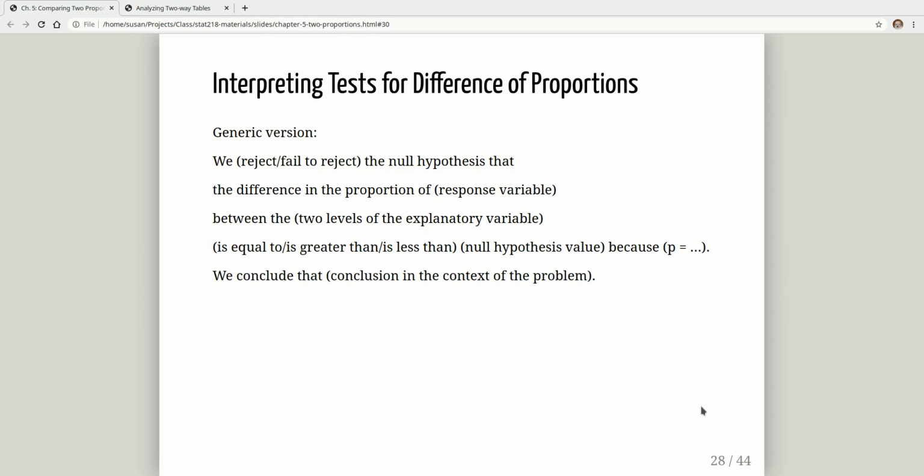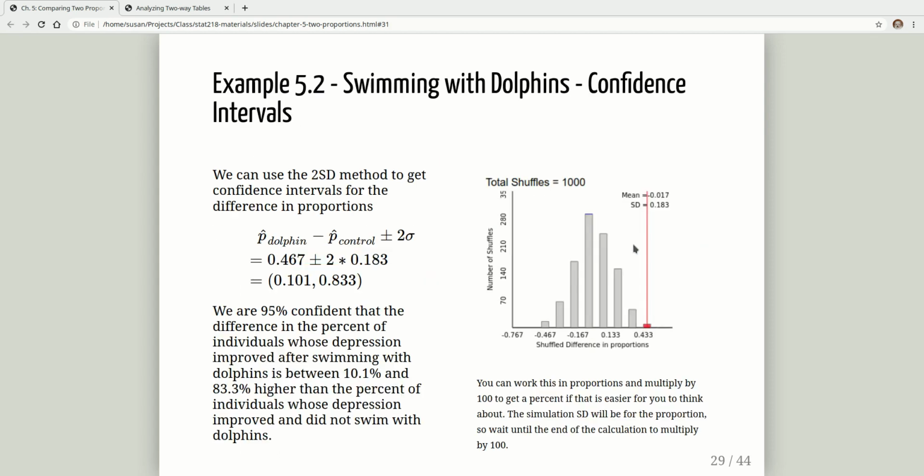And the generic version looks something like this. We either reject or fail to reject the null hypothesis that the difference in the proportion of whatever the response variable is between level 1 and level 2 of the explanatory variable is, and then something about what your alternative hypothesis is, right? Because, and you give the p-value for strength of evidence, and then we conclude that, and that relates to the context of the problem. Okay, so pretty simple formula, just fill in the blanks.